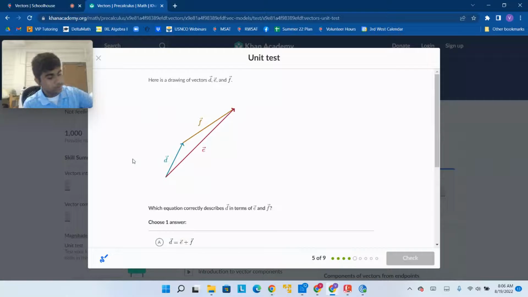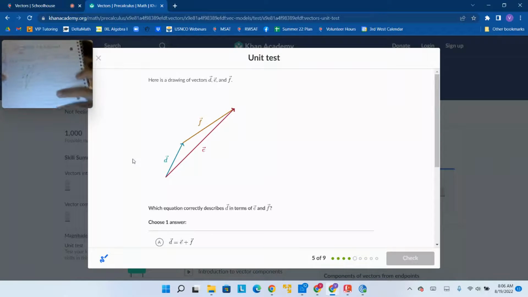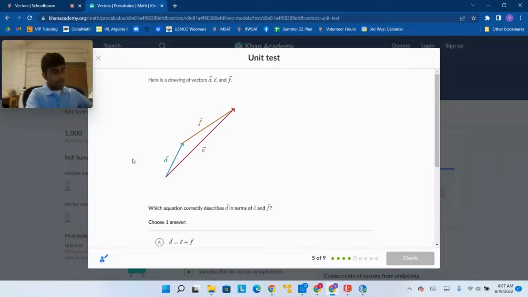Well, I notice that since this is negative f, so I multiplied by -1, I flipped it. On this drawing right here at the bottom, I can see that if I add up e and negative f, that's me going from this starting point right here up to here, and then back down to here, right? So d is the resultant from my adding e and negative f.